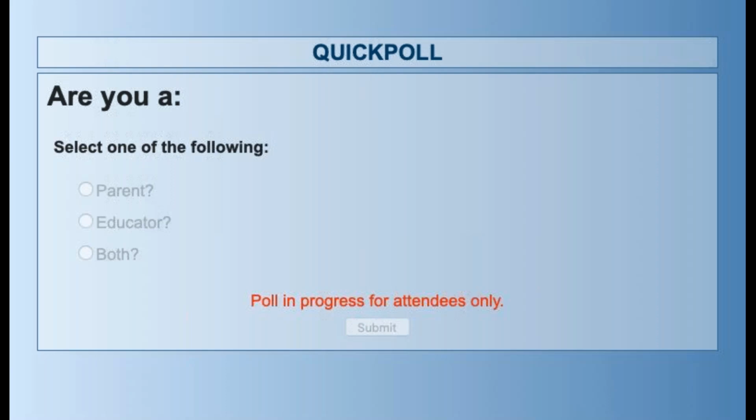Interesting. Okay. Yep. Keep going. We've got lots here. It's almost 50-50, but a little more towards the educator side. Which I guess it would have been good to know, but you obviously want to know as parents too. So great. Thank you. Now I got to figure out how to stop it. Close the poll. Thank you.